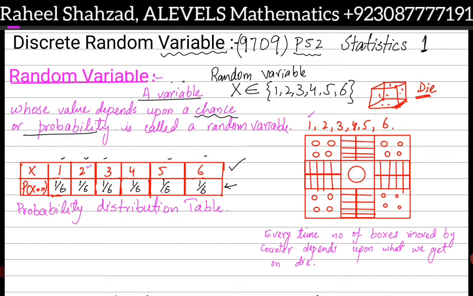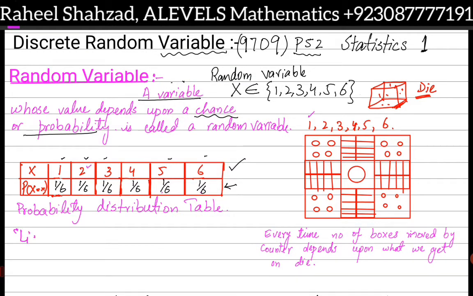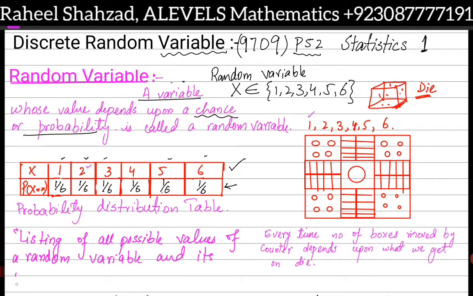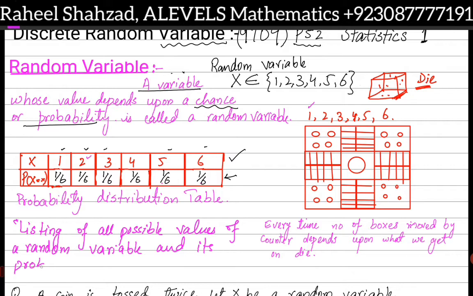So this specific table, or probability distribution in general, is a listing of all possible values of a random variable and its probabilities, and it is called a probability distribution table.